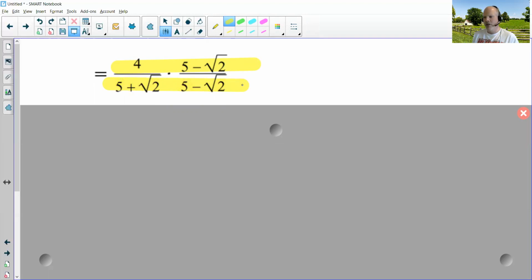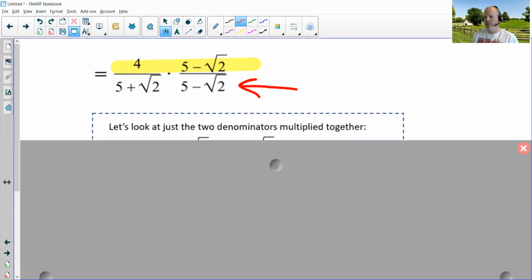Let's look at just the denominators first. So we're going to look at only the two conjugates, 5 plus square root of 2 and 5 minus square root of 2 multiplied together. So let's see what happens.